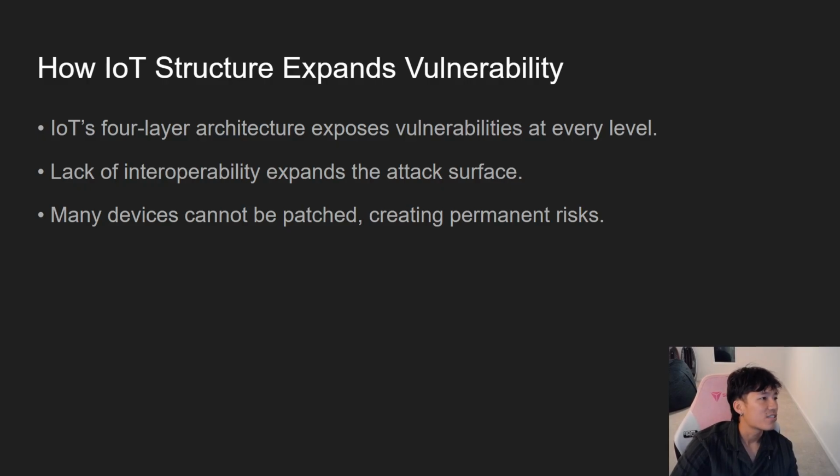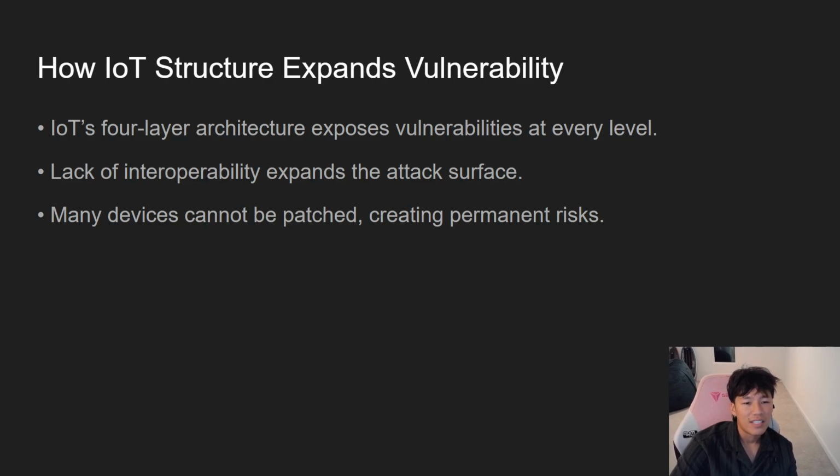So for my second source, how IoT structure expands vulnerability, Powdell analyzes the architecture of IoT systems. He describes a four-layer structure: device, network, service, and application. That shows that each layer has vulnerabilities. Powdell's most important point is that smart home devices from different manufacturers can't reliably work together.